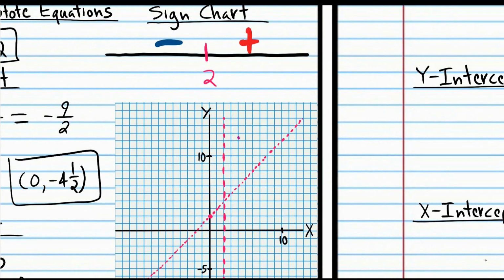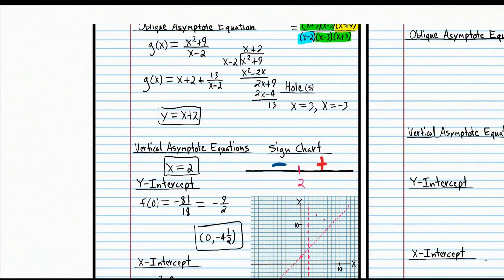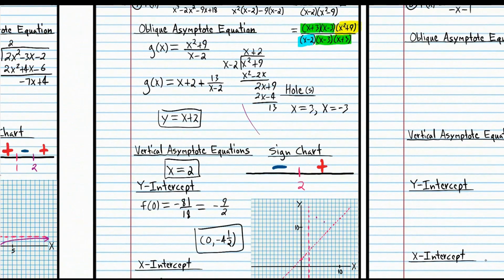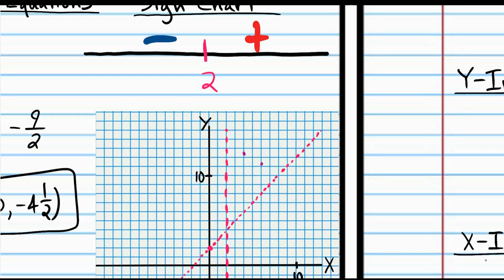So that's going to be about there. Let's plug in 5. So we get 34 divided by 3. That's going to be 11.3. So that's about here. And we can connect the dots.